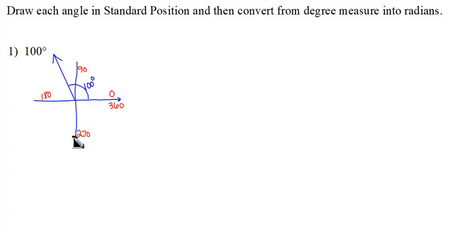Now let's convert this angle measurement from degrees into radians. The way that we do this, if we want to take something in degrees and change it into radians, is to multiply by pi over 180. Now, if you're using your calculator to do this, you're not going to want to put the pi into your calculator.